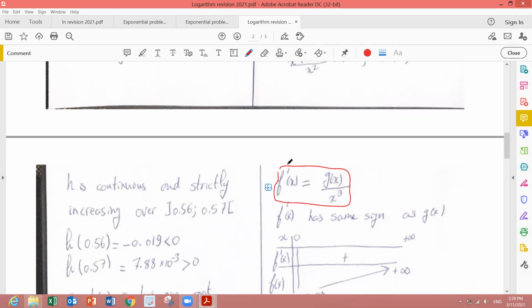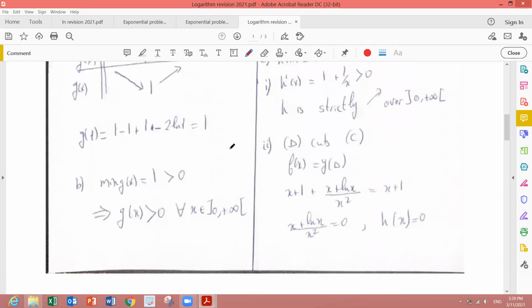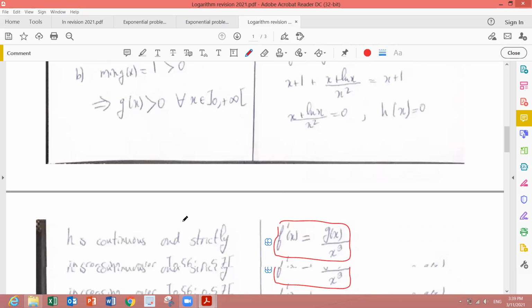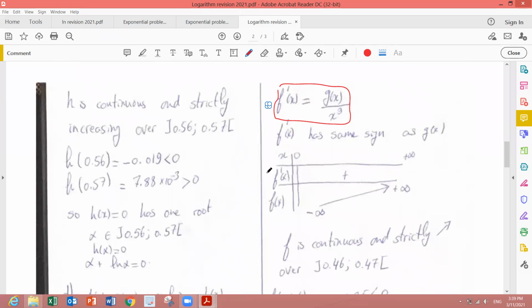It means f prime x has the same sign as g. But here gx is positive, so f prime x is positive. Since g is positive, then f prime is positive.